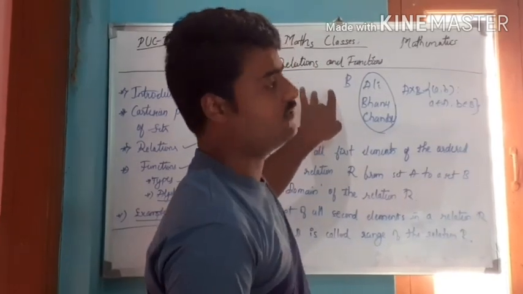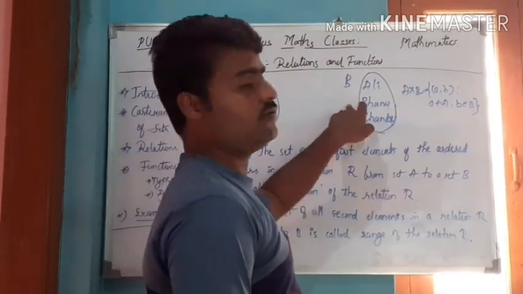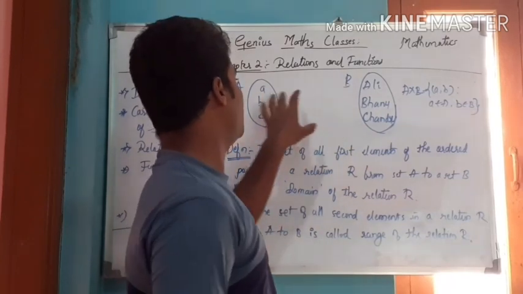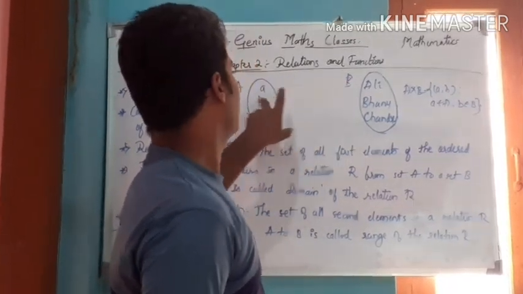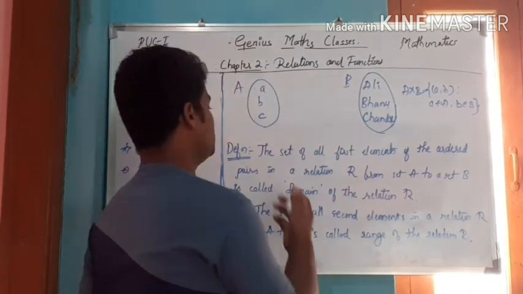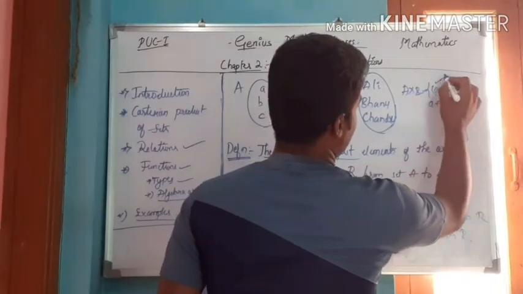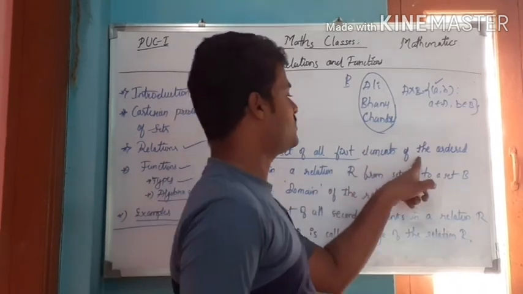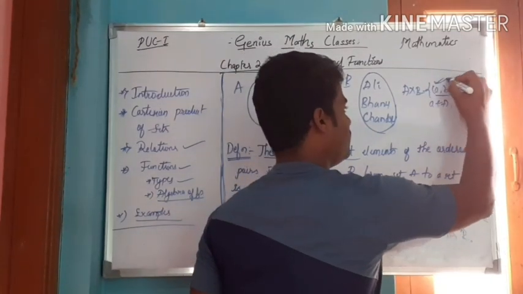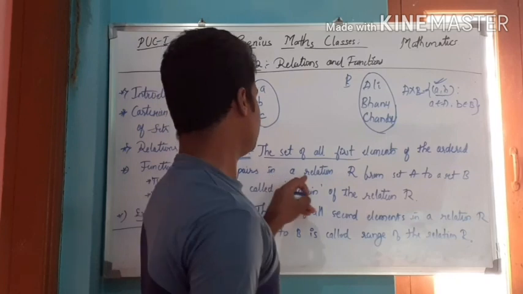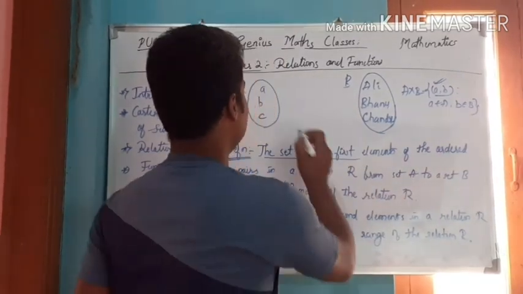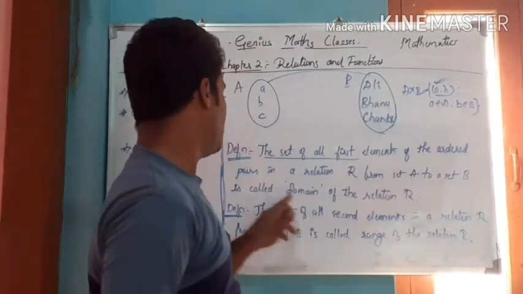After defining the relation, we must know what we call set A and what we call set B, and also the elements, that is the images of the set A. So the definition: the set of all first elements of the ordered pairs in a relation R from a set A to the set B is called a domain.